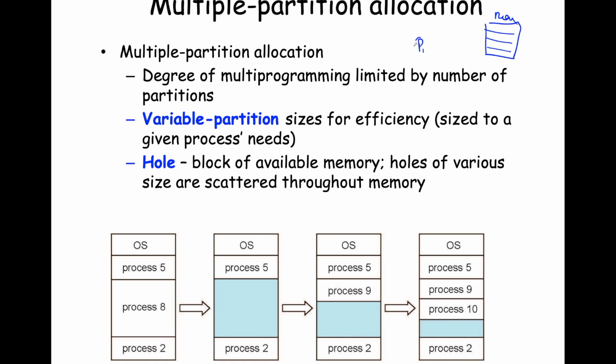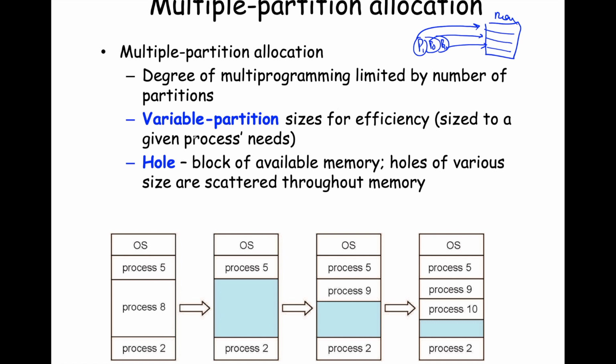And then each time a process P1, process P2, process P3, etc., wants to run, it's loaded into one of these segments into which your memory has been partitioned. And so you can have variable size partitions for efficiency, and these partitions can be sized to the needs of a specific process. So if P1, P2, P3 need different amounts of memory, well, you're going to allocate them to different memory segments that are sized differently.